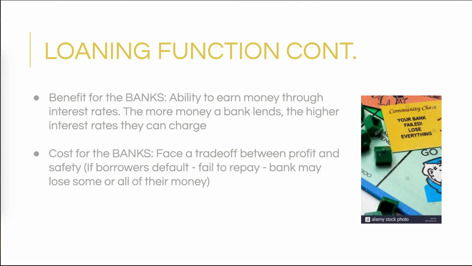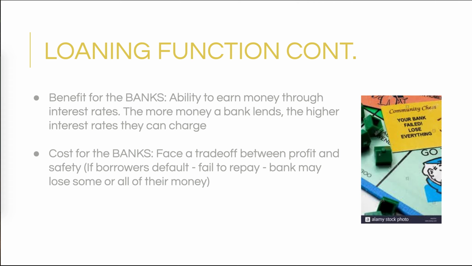The cost for the banks, if we go back to just the very basics of economics, they're facing a trade-off, right? So they're choosing a trade-off between profit, so making a lot of money by loaning money and then increasing their interest rates.